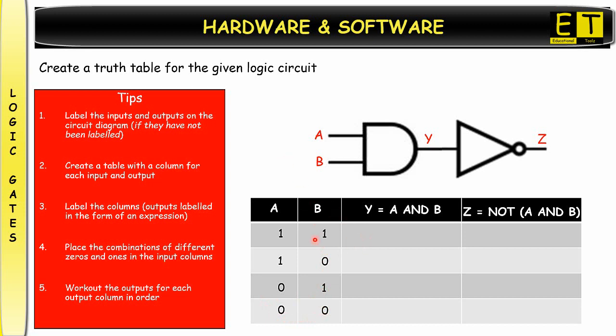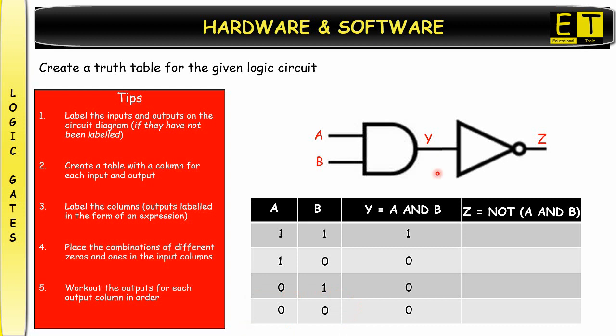So as you can see here, both of the inputs are 1, so the output should be 1. And here B input is a 0, so the output is a 0. Here we have the A input as a 0, so the output is a 0. And the final one is a 0 again because both of the inputs are zeros.